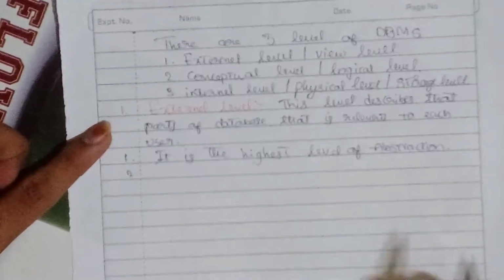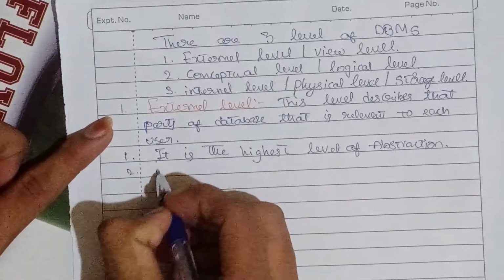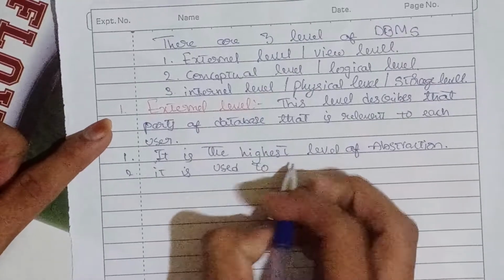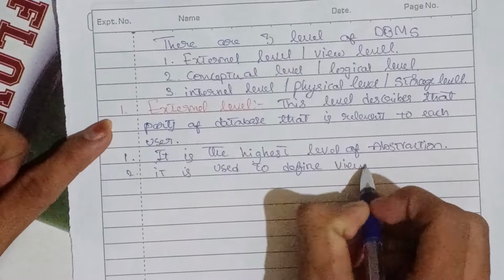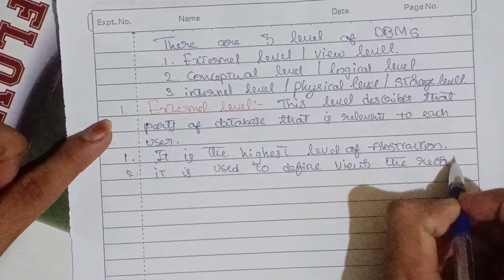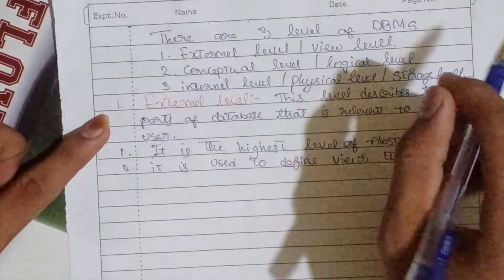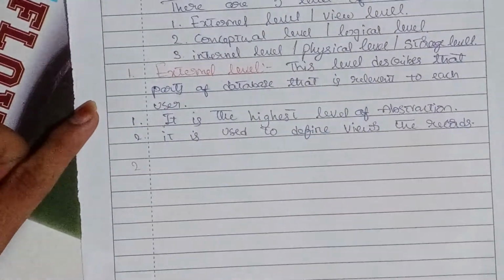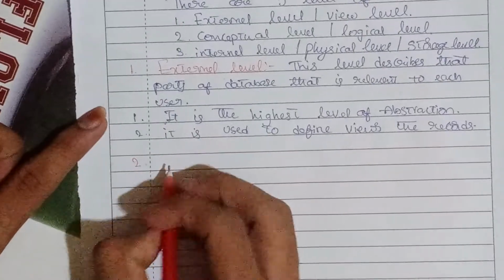Second point, it is used to define views of the records. It is also known as user view. Now second, we are going to the conceptual level, or logical level.